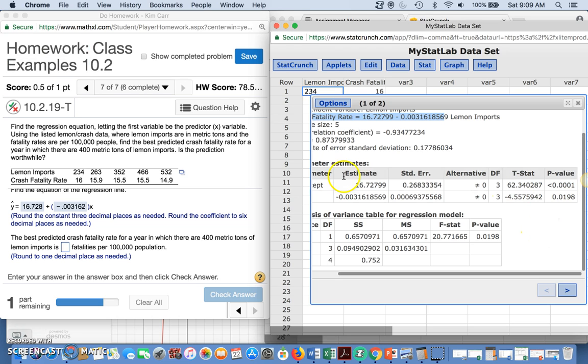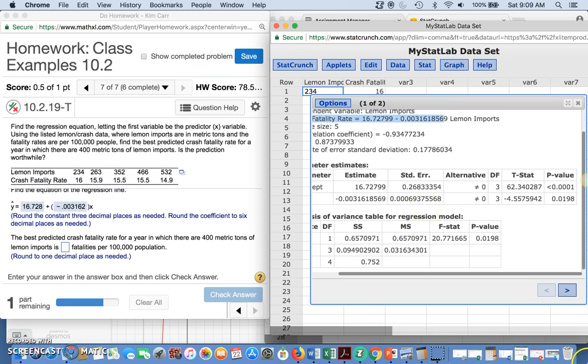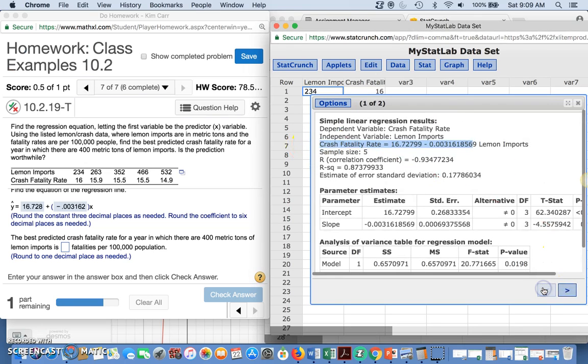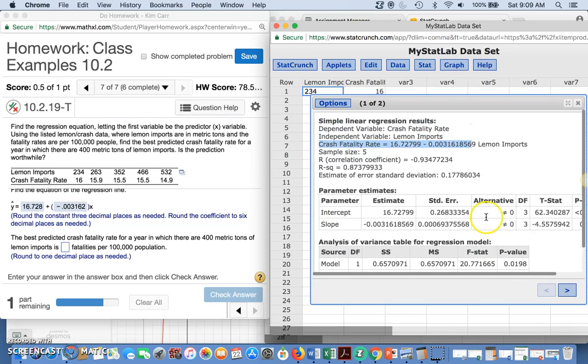This is pretty good. All right, so our best prediction for 400 metric tons, and of course that's the line of best fit right there. That looks pretty good too, to see what was actually there.